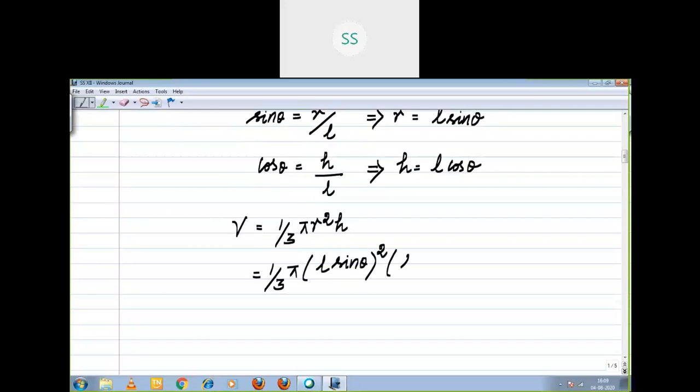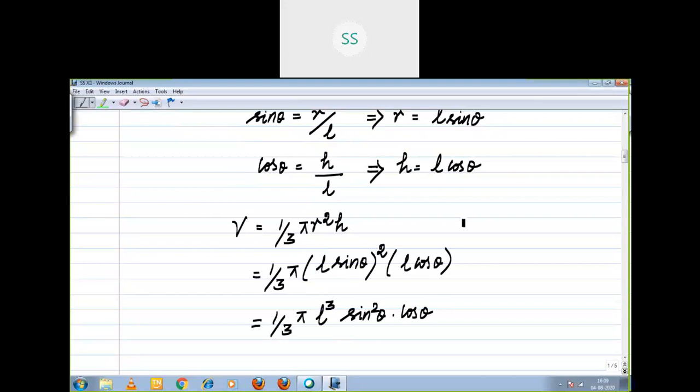What is h? l cos theta. l is a constant. You are going to differentiate with respect to theta. 1 by 3 pi l cube, because the first bracket has l square and the second has l. Applying the law of exponents, l square times l becomes l cube, into sin square theta into cos theta.